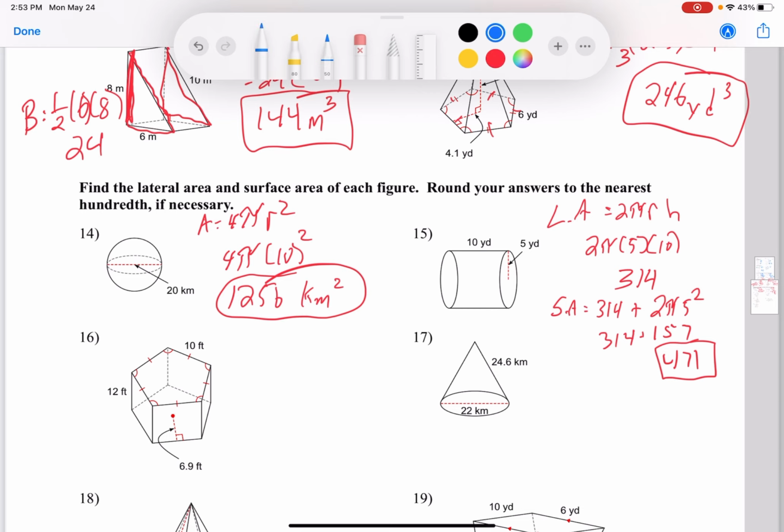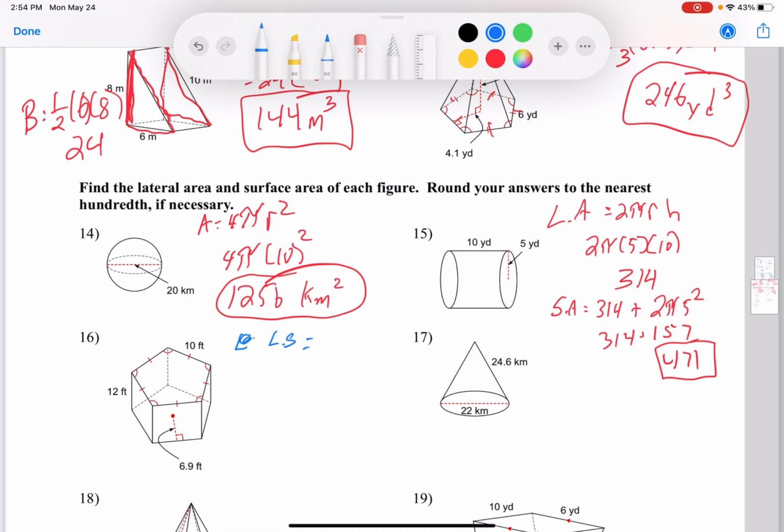Number 16. Again, figure out what we have first. I got a prism, so its surface area for this. So we've got a prism, so the surface area is equal to, so we're going to find the lateral area.